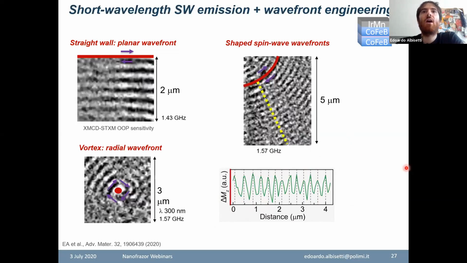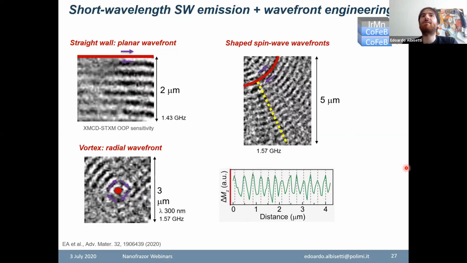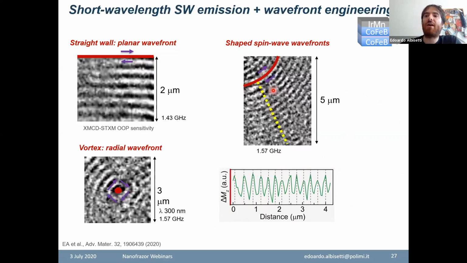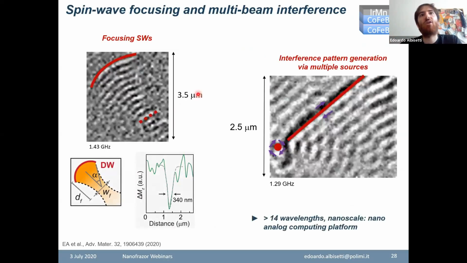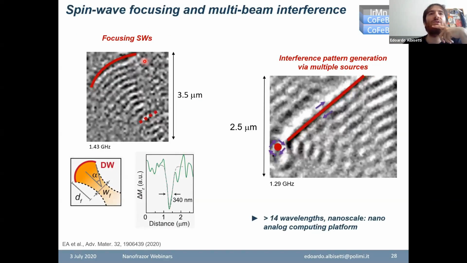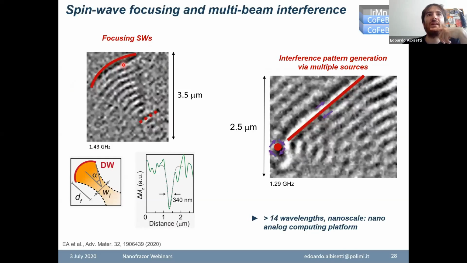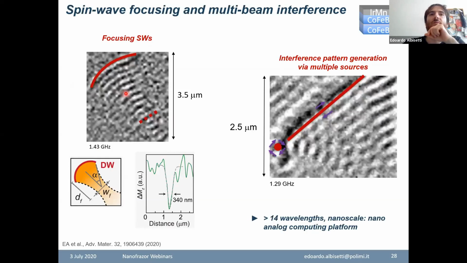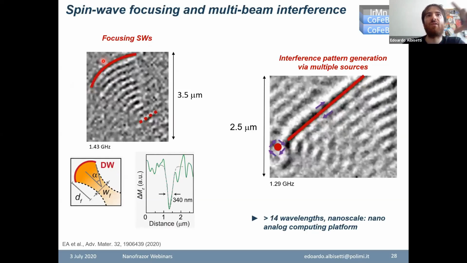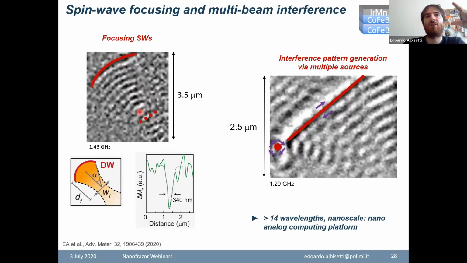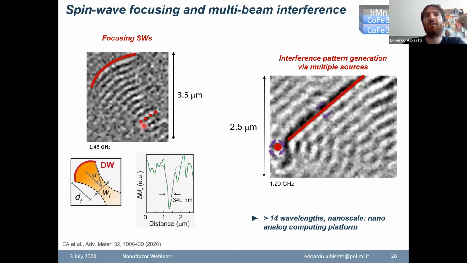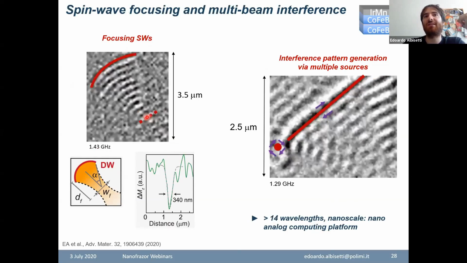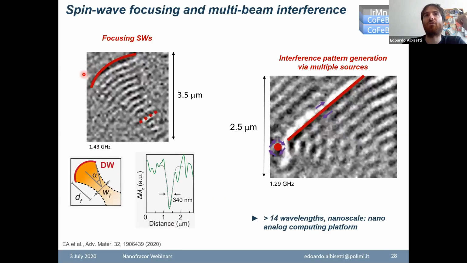You can also combine these emitters for having a controlled interference of spin waves, or you can focus them. So in this case, we took a curved nanoantenna. This is exactly the simulation that I showed you at the beginning. If we curve the wavefronts, we can generate a focused and directional spin wave beam that is focused at a certain distance that depends on the curvature of the domain wall.